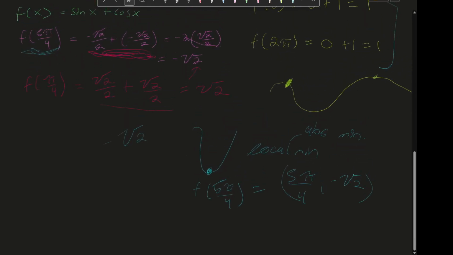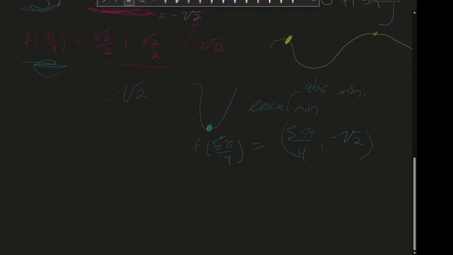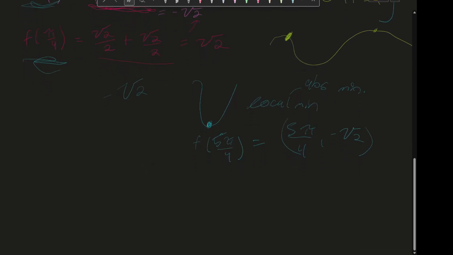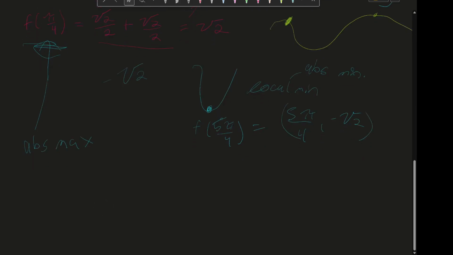But then for local maximums, f of pi over 4, you have square root of 2, which is a little bit bigger than 1. So f of pi over 4 would be an absolute max on your interval, but it would also be a local max.